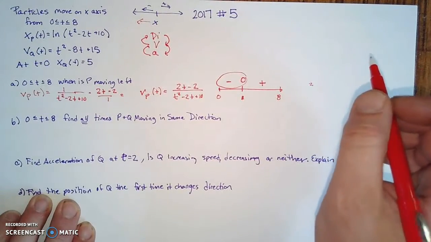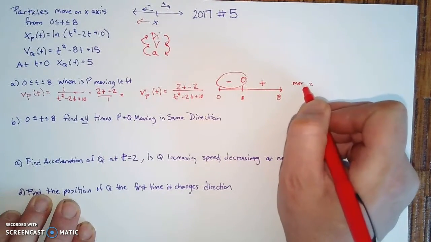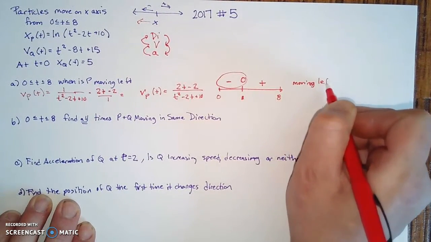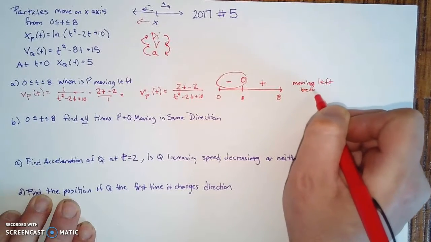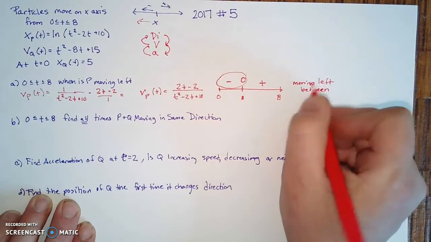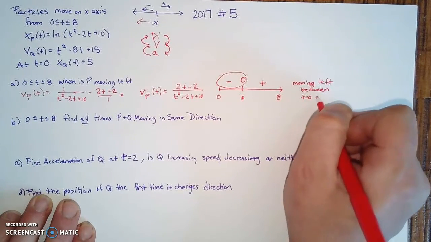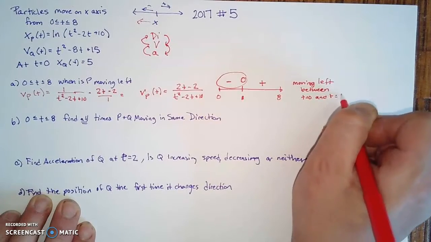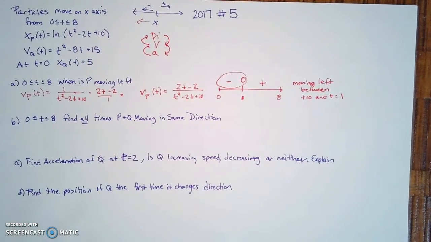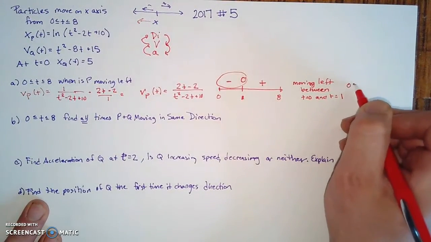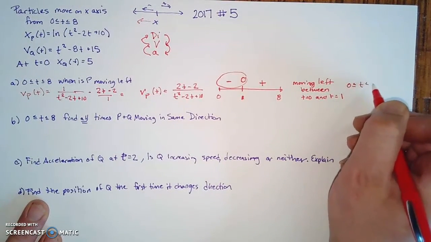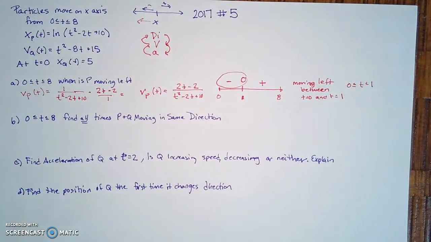So this function is moving left between t equals 0 and t equals 1. And you can do it just like that. If you want to write it with brackets, you could say 0 is less than or equal to t less than 1. Because at 1 and at 0, we can't put an arrow on there. That's why I choose to write it out that way, as opposed to the other way.